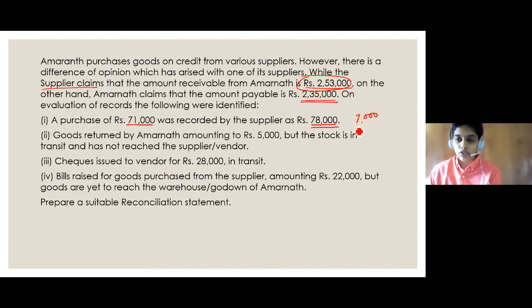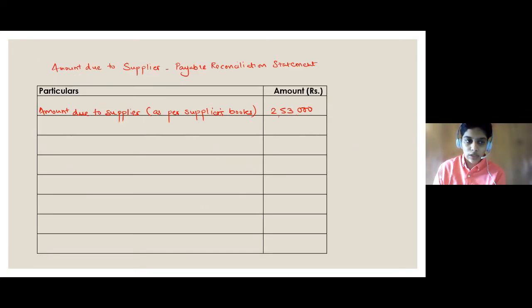That is the amount that needs to be deducted. So we come to our statement and then we deduct this, less overstatement of purchases.